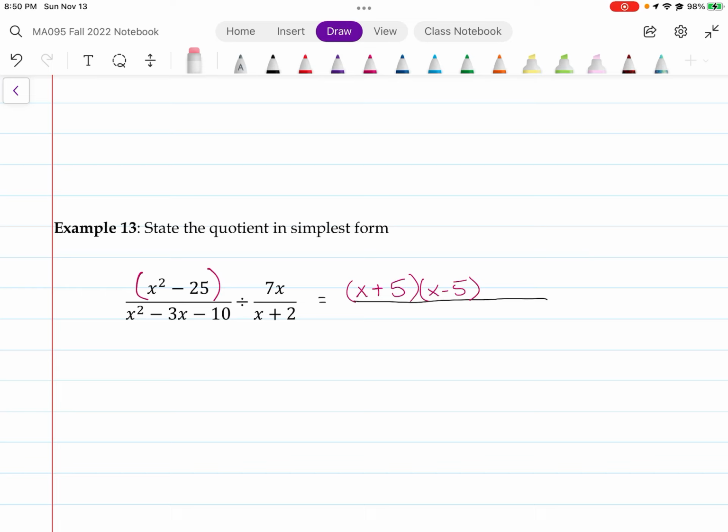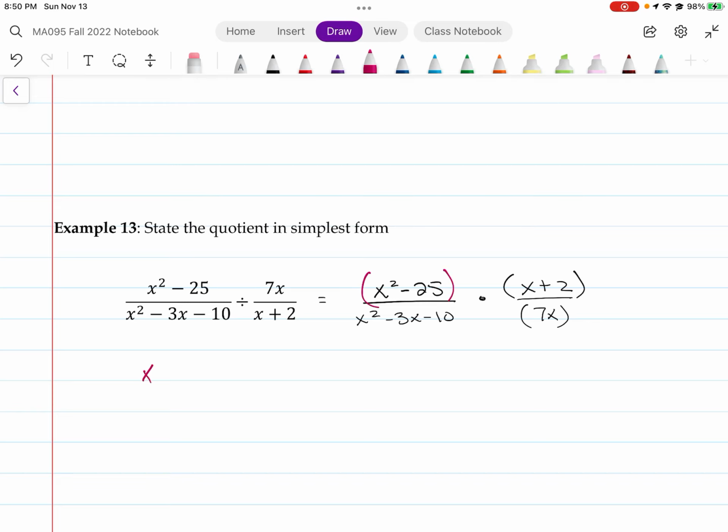I'm going to stop. We'll redo this, not color code quite yet. So I'm going to have to rewrite it: x squared minus 25 over x squared minus 3x minus 10 times x plus 2 over 7x. Those are already as factored as they get. Now I'm going to factor.